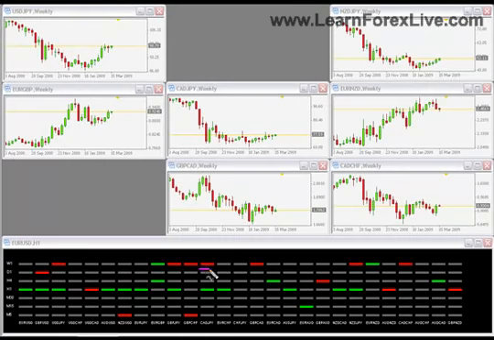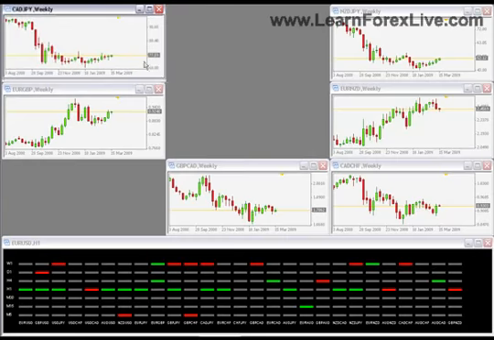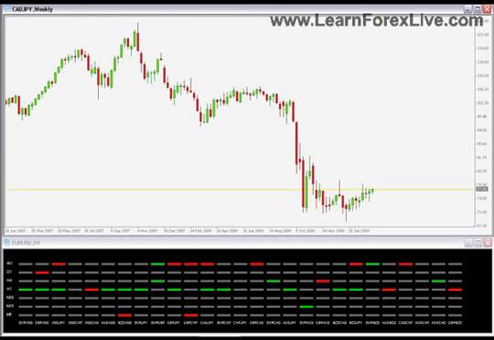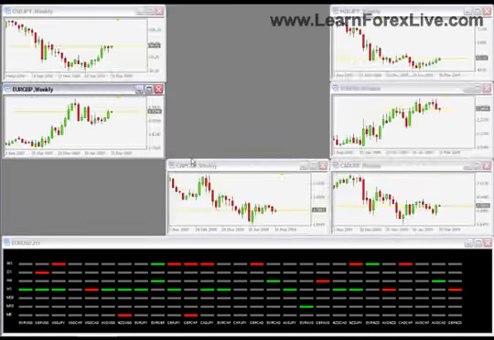Next one up, Canadian dollar against the Japanese yen. Let me pull this up and expand it out for you guys. Yeah, we had an uptrend all the way up to here, and from there price began swinging down, and that's what the indicator is calling. Next one up, sterling pound against the Canadian dollar, also on the weekly time frame.